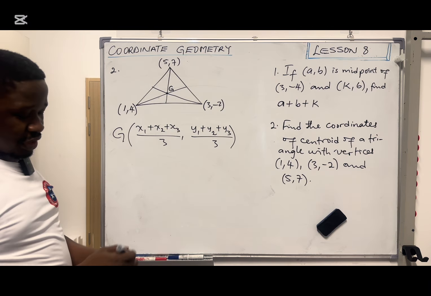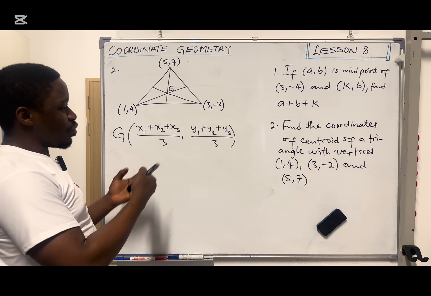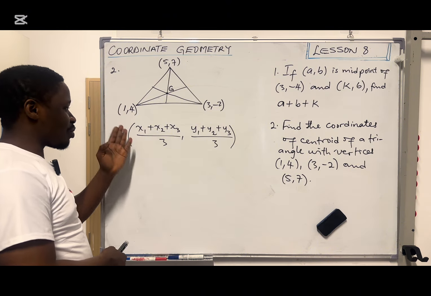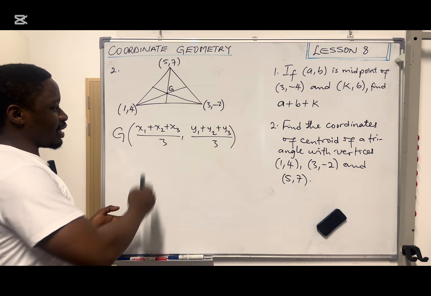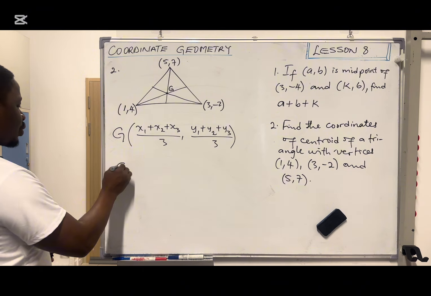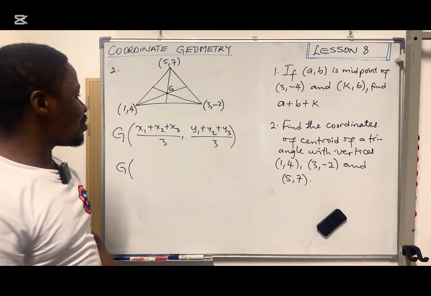Just like midpoint when we say x1 plus x2 over 2, y1 plus y2 over 2. So here we say x1 plus x2 plus x3 over 3. And the same thing applies for y. So the centroid is the midpoint of the 3 vertices.